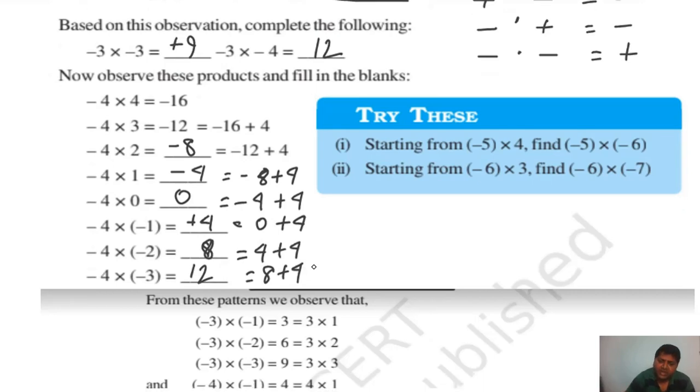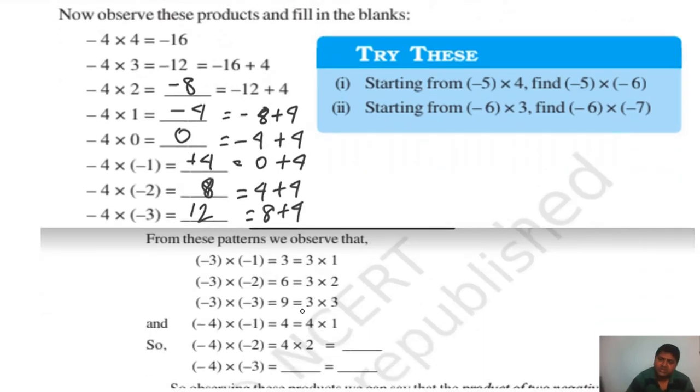From this pattern we also observe that minus 3 into minus 1 means 3 into 1, which is 3.